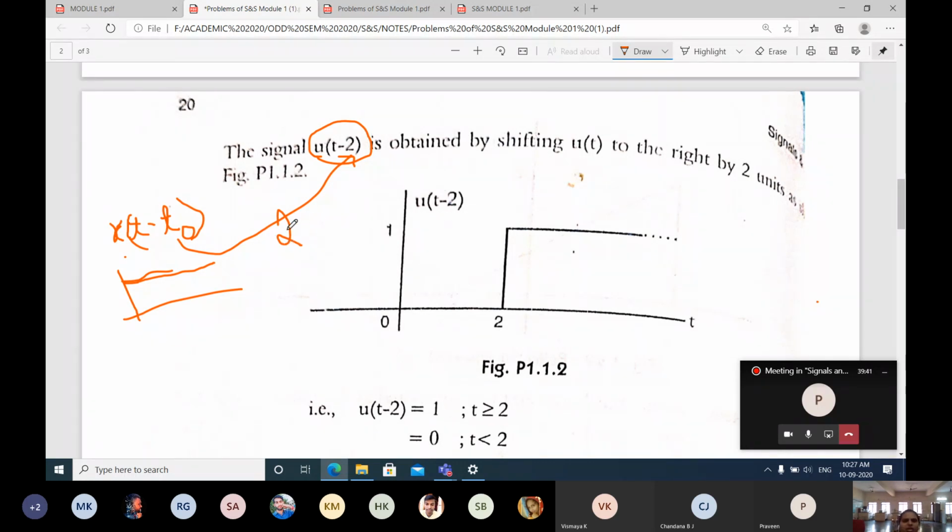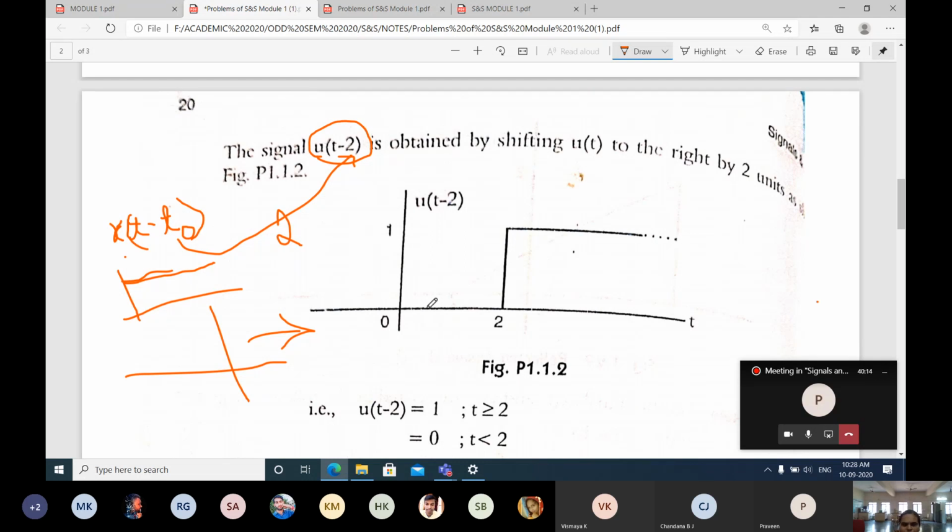T naught 2 means the signal is going to shift towards which direction? It is a positive value, so the signal is going to shift towards the right side. Because it is a positive value, right side. Then how many positions is it going to change? 2 positions.